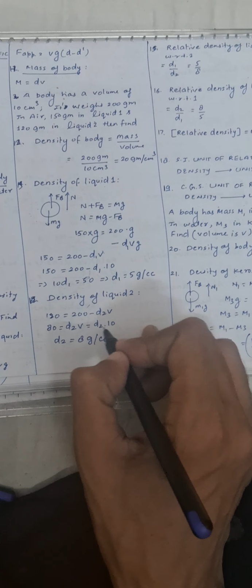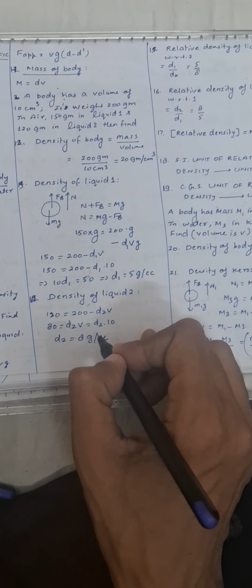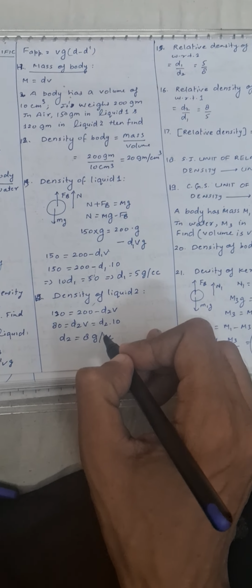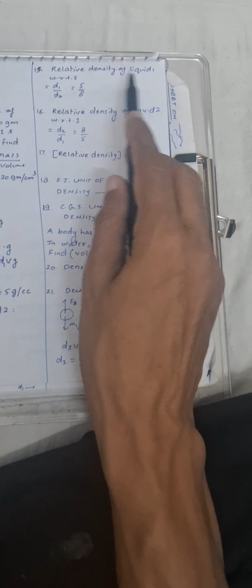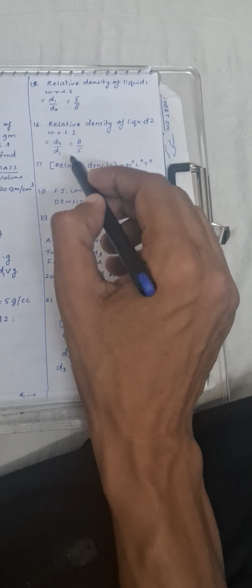V is 10 over here, which gives d2 as 8 gram per centimeter cube. Next is relative density of liquid 1 with respect to liquid 2. So this is d1 by d2, which is 5 by 8. Next is relative density of liquid 2 with respect to 1. So that will be d2 by d1 or 8 by 5.